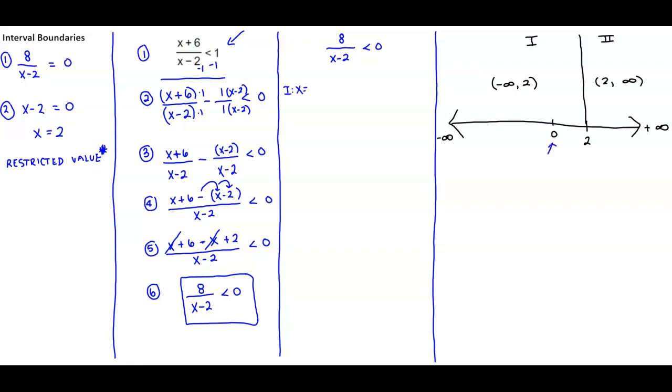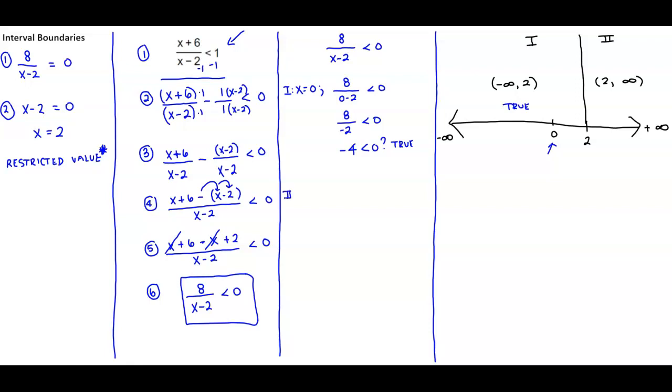So x is going to equal 0, and now we're going to plug it in. So we have 8 over 0 minus 2. 0 minus 2 is negative 2. And 8 divided by negative 2 is negative 4. And is that less than 0? Well, the answer is true. So it's true for interval number 1.